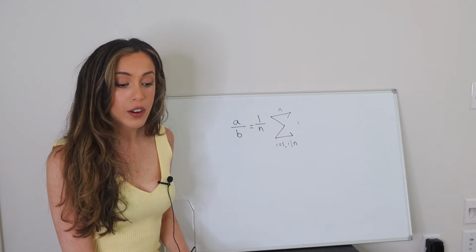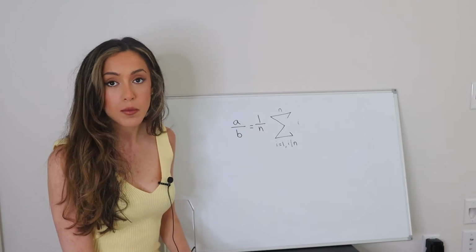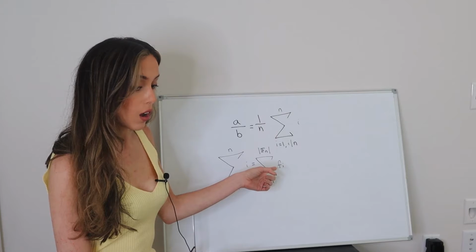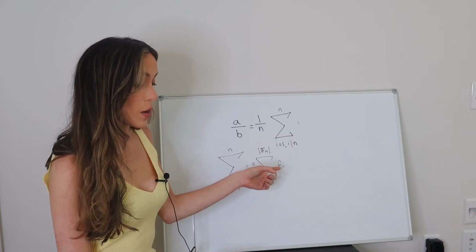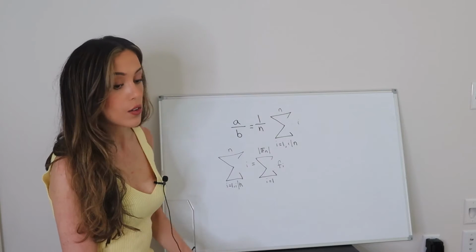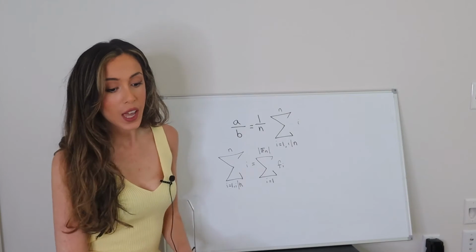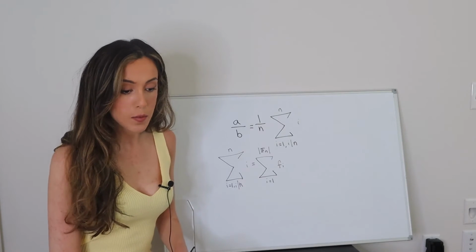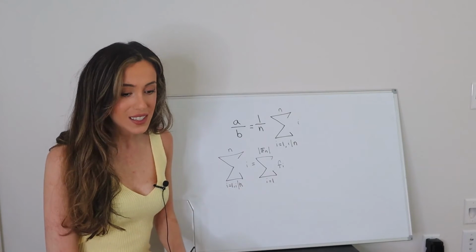We can actually rewrite the summation in terms of factors. F sub i are all the factors of n, and blackboard F sub n is the set of all factors of n. Factors are nice, but is there something else that's better we can work with? Yes.